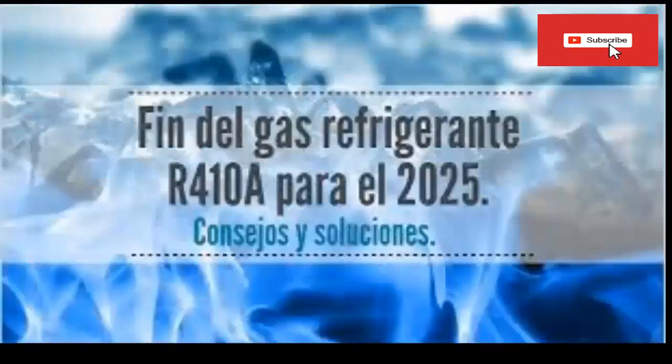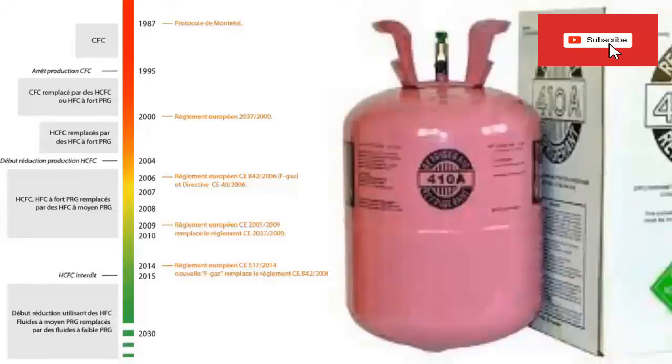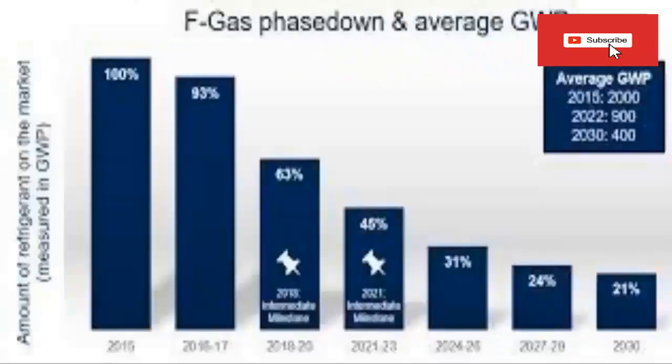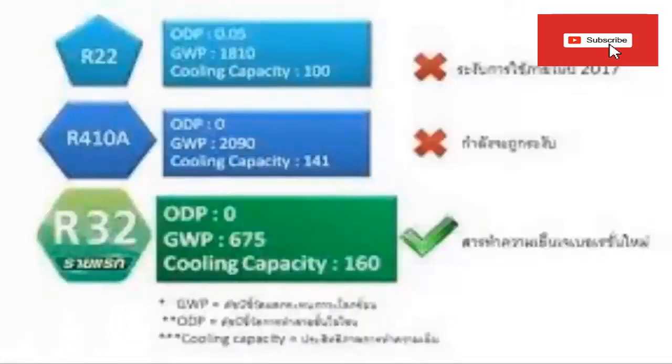The R410A that had been used regularly in air conditioning has begun to stop being manufactured once its use ban was announced from the year 2025, where in many regions the use of split air conditioning equipment containing less than 3 kilos of refrigerant with a global warming potential of 750 or higher, such as R410A. That is why as of 2015, the use of R32 in air conditioning equipment is common, and more manufacturers are including it in their new equipment.